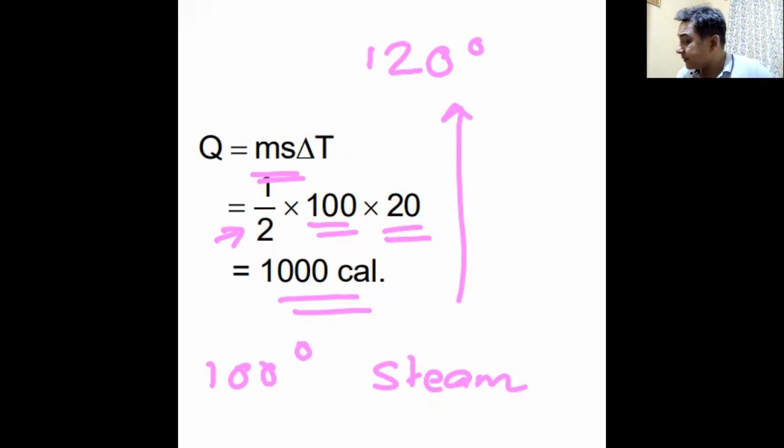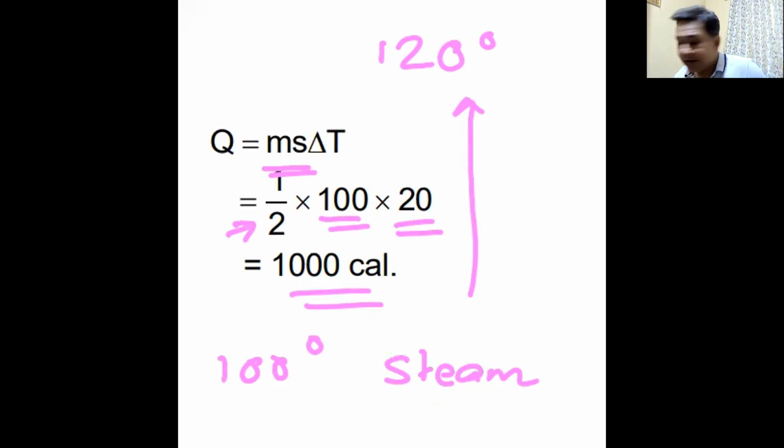So I'll write those steps, and I hope you can make sense of those steps. I hope all of us are there in the class, and I'll write it again. I hope you can see this.